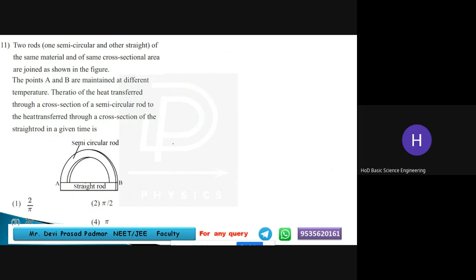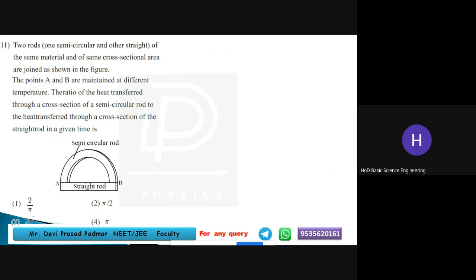Just look at this. Two rods. One is circular one and another one is straight one. Just look at the diagram. Now the points A and B are maintained at different temperatures.